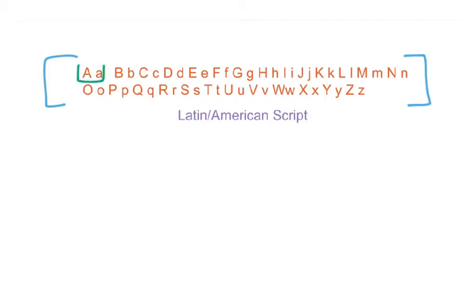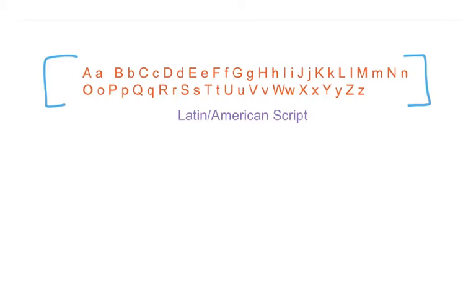So this is one letter, the letter A, and this is a different letter, and so forth. Another review from the previous lesson is that this is a lowercase letter, and this is the uppercase letter, which we use for several reasons that will be discussed further in upcoming videos and modules.